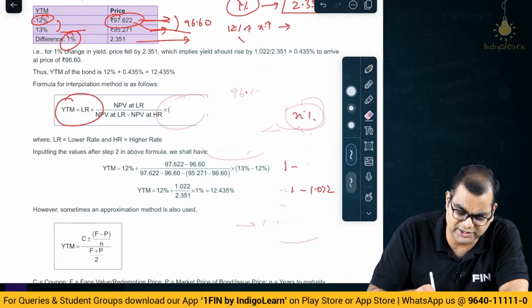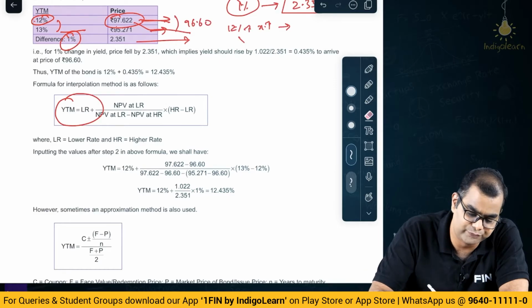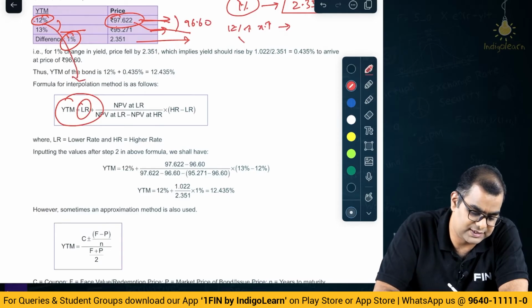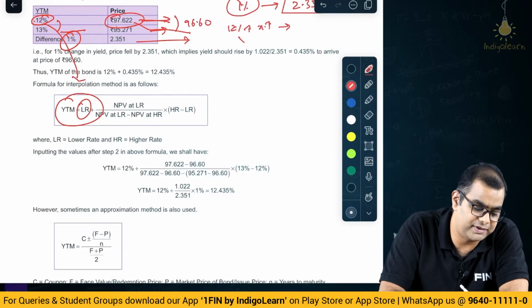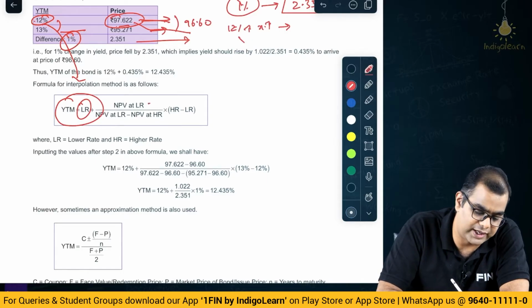If you have not understood this, there is this formula. This is a very simple logic. There is nothing complicated. Just think about it for 5 minutes. The formula is, yield is lower rate, which is 12%, plus NPV at the lower rate, 97.622, minus NPV desired, divided by NPV at the lower rate minus NPV at higher rate. Okay, there is a correction in the formula.